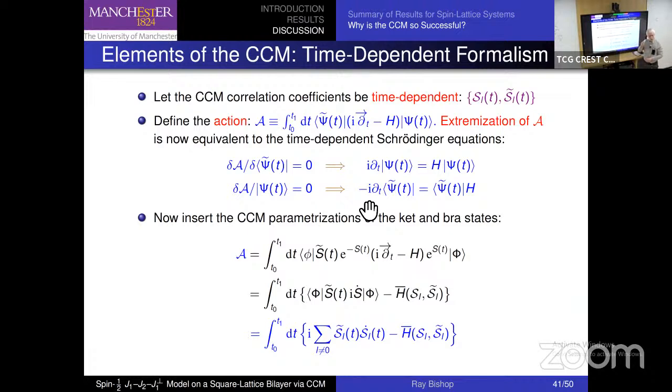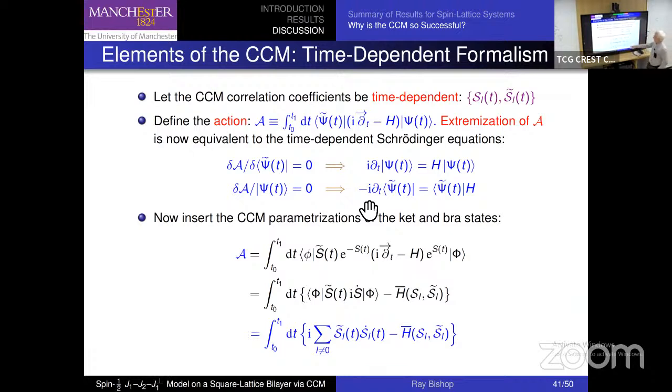And this is really one of the keys to why this bra state is the right thing to do. It's not just because it satisfies the Hellmann-Feynman theorem. There's something deeper behind it. And it's this. If you just plug this in and insert a complete set of these states in here, you get this.